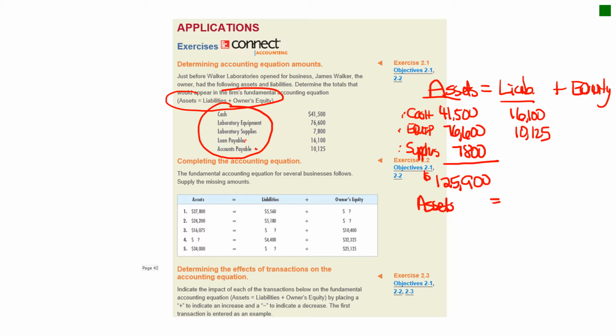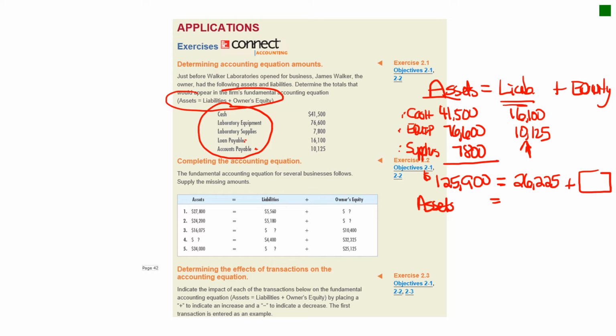So that's going to give you $26,225. Notice I'm putting this under the liability category. I'm still going to squeeze in this equal sign here just so you know that the equation has to balance. And then the last thing they want you to figure out is equity.